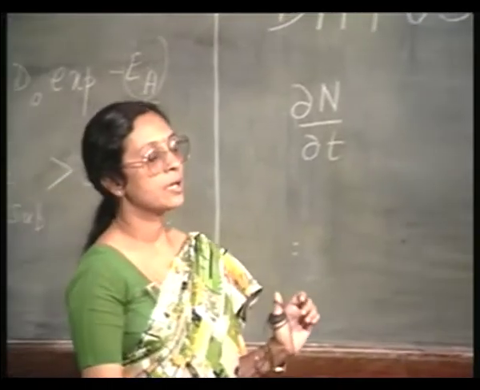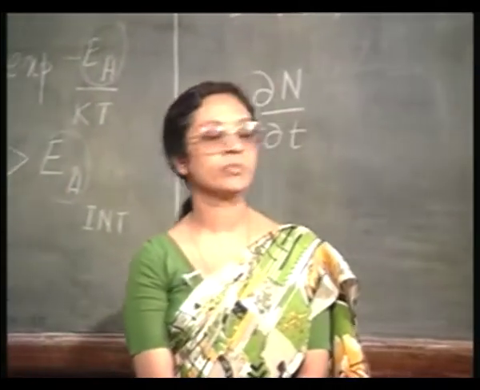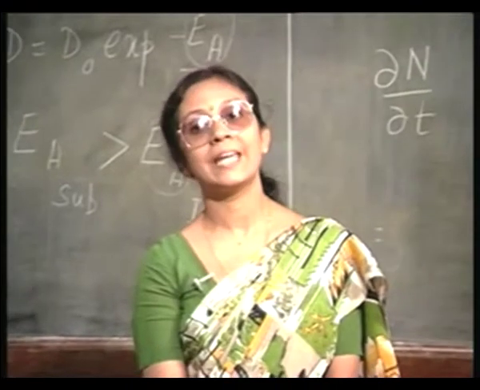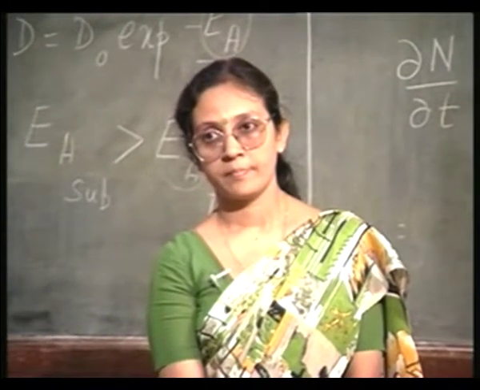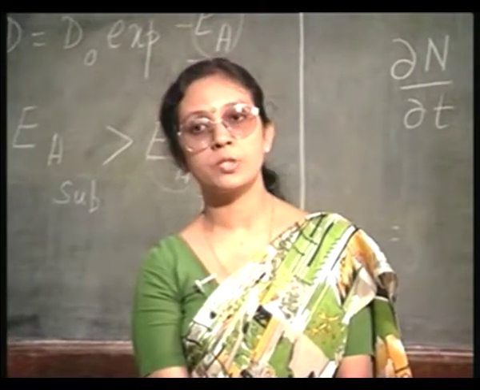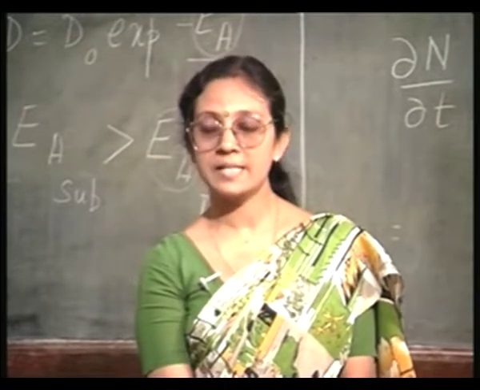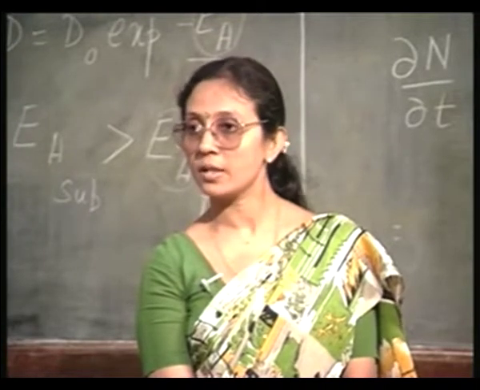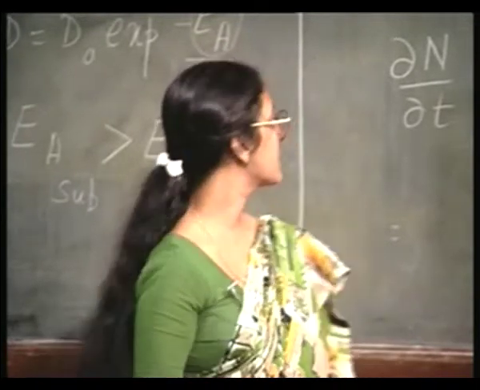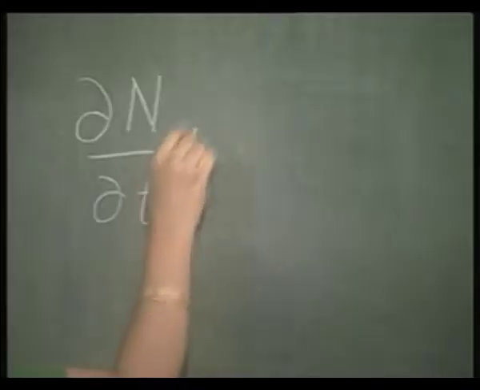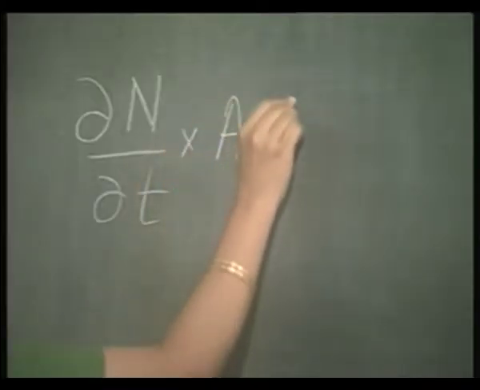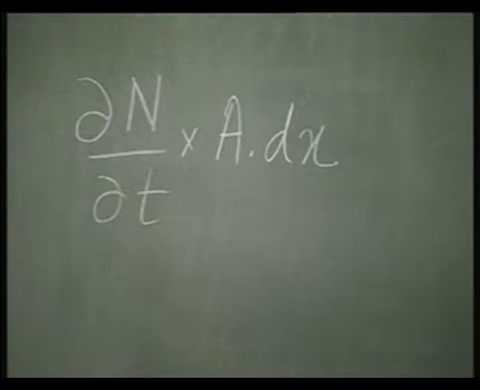And let us say that the cross sectional area of the planes P1 and P2 is A. And in between P1 and P2 I have an incremental distance called dx. So, A dx is actually the incremental volume. So, this del N del t multiplied by A dx is actually going to be the rate of accumulation of the dopant atoms in between these two planes.